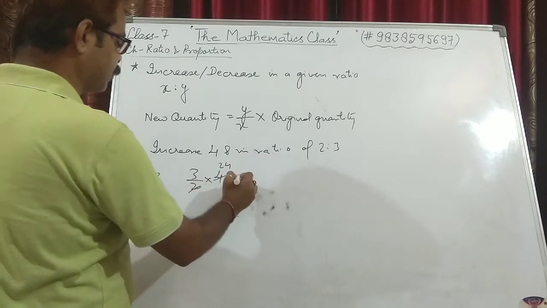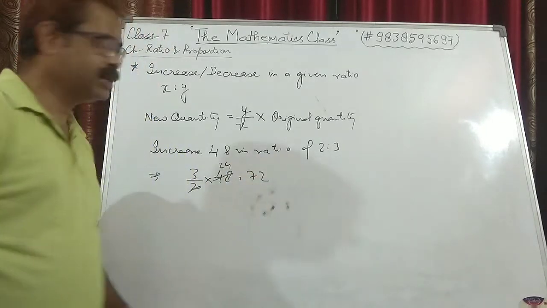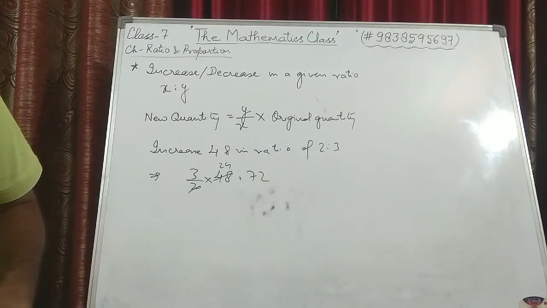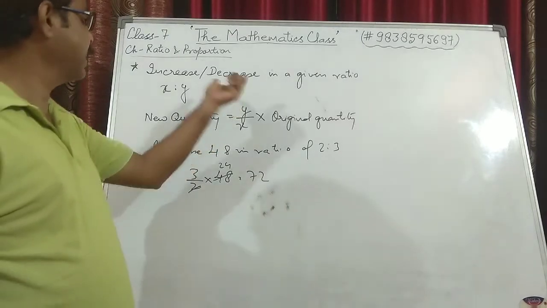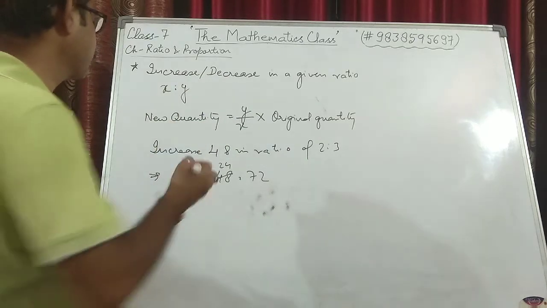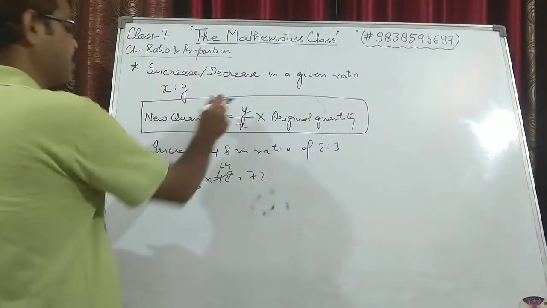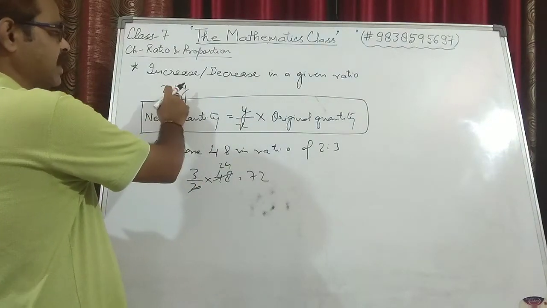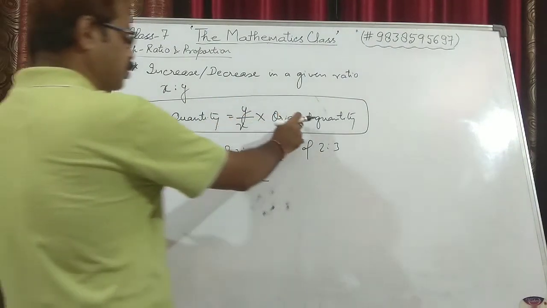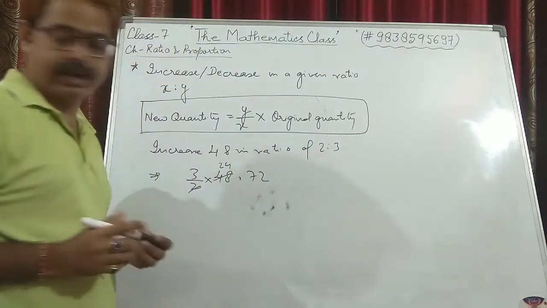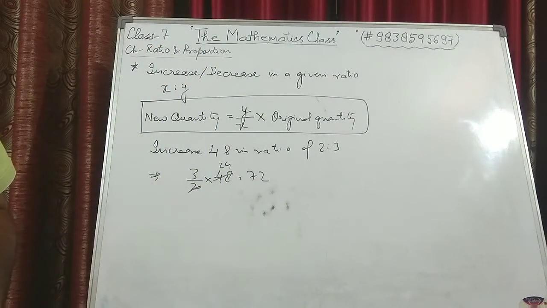So 2 twenty-fours, that is 72. It means if you have to increase anything in the ratio of x is to y, the new quantity will be y upon x into the original quantity. It was x upon y, but now it will change to y upon x. The same way we increase, the same way we decrease.